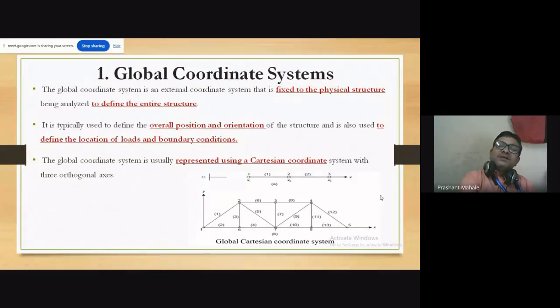You can consider this as a part of a machine which is meshed. It is converted into elements, like one element 1 to 6, one element 2 to 6, and so on. Right? A truss is actually a bigger form of element formation. You can imagine the element formation in a machine by seeing that truss.